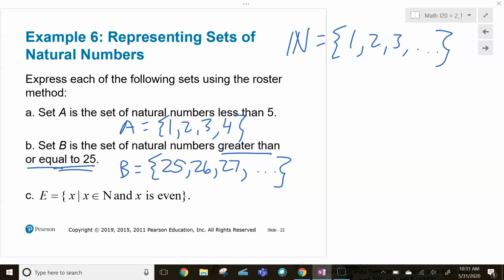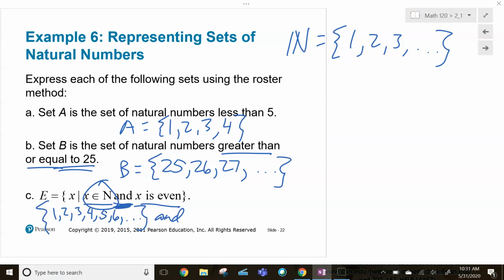Set E is the set of all elements x such that x is an element of the natural numbers. So we have the natural numbers, but it's also got to be even. So if we're to list them, it's got to be a natural number. Here's our natural numbers.